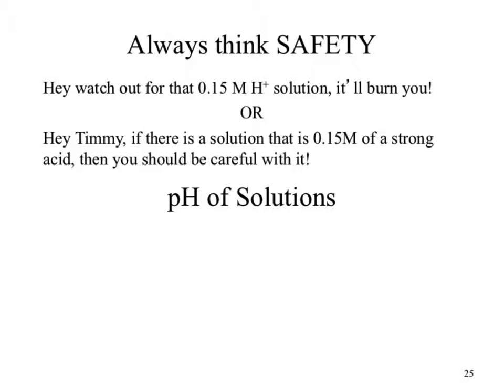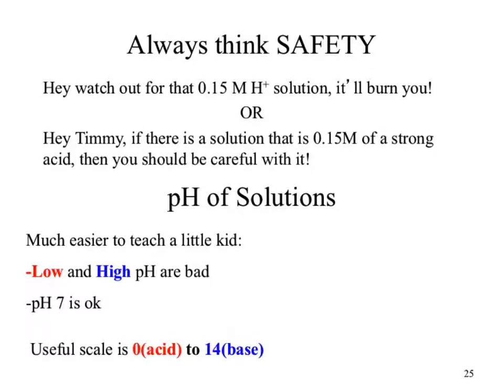Okay. Within that system, not all numbers are equal. So low and high numbers end up being bad. Okay, those are more dangerous. Low pHs tend to be marked as acids. High pHs are bases. Okay.